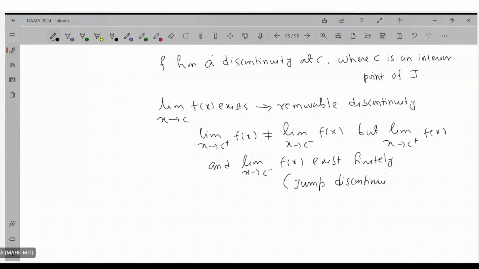In this case, you will have jump discontinuity. Both exist, this limit and this limit exist, but they are unequal finitely. Then you have jump discontinuity. And then we have, let's say, one of them does not exist. At least one of them does not exist.